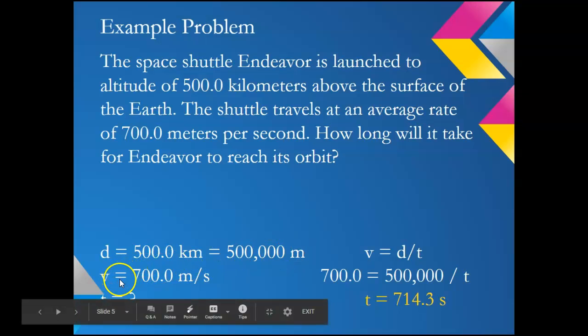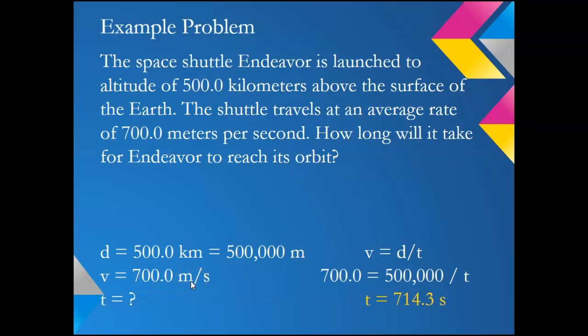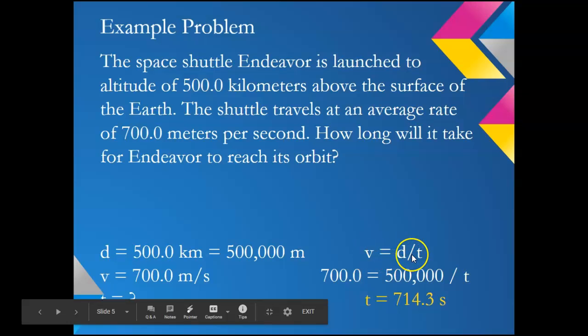The speed is 700 meters per second, and we are determining the time. Using the speed equation, we enter 700 in for speed and 500,000 in for distance.